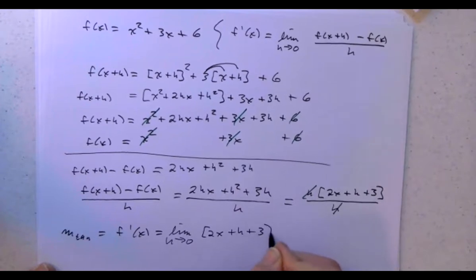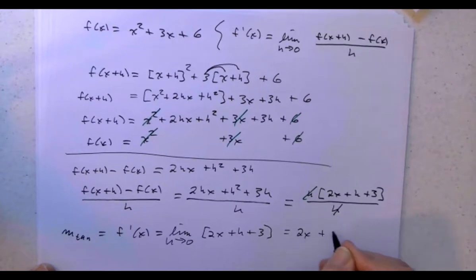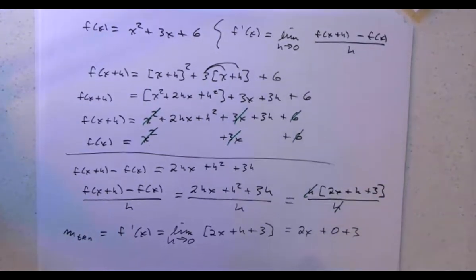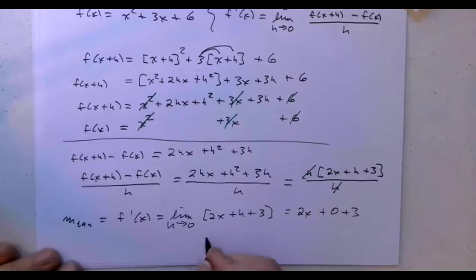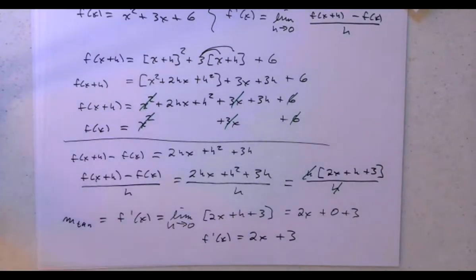Now be careful, you're plugging in the h of 0, not the x of 0, which gives me 2x plus 0 plus 3. So the conclusion then is f prime of x is 2x plus 3. So if I want the slope of the tangent at any point, I can go ahead and just use this formula.